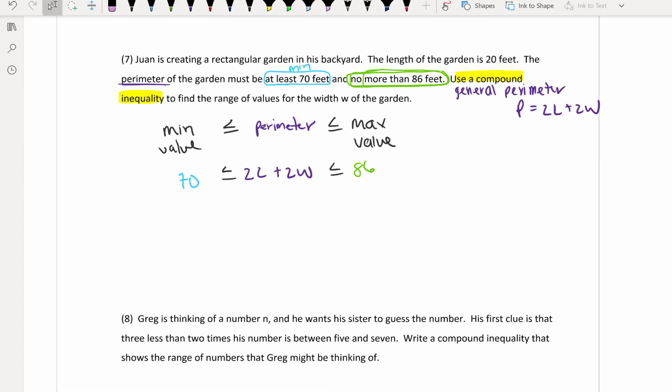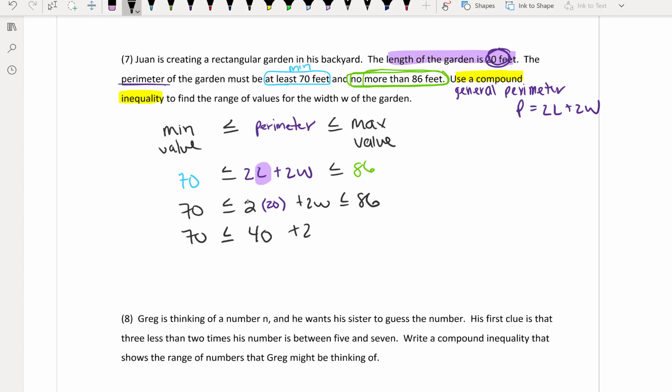But there's a particular value that they give us. The value that they're going to give us here is that the length of the garden is 20. So that's my L value right there. So I'm going to plug that in. So 70 less than or equal to 2, and the L value is 20, plus 2W, and I'm trying to find my width. So now I have 40 plus 2W less than or equal to 86.